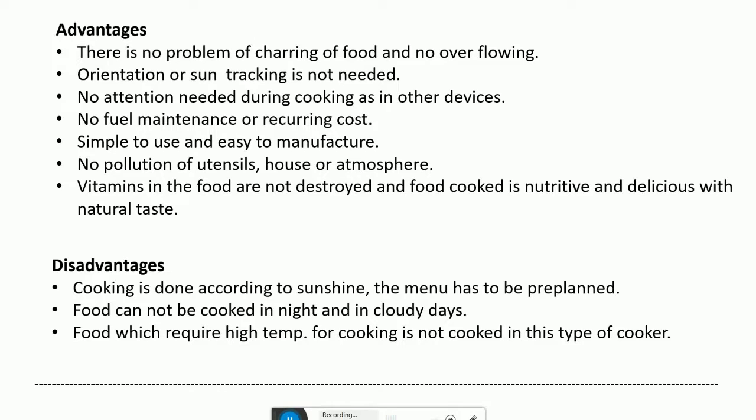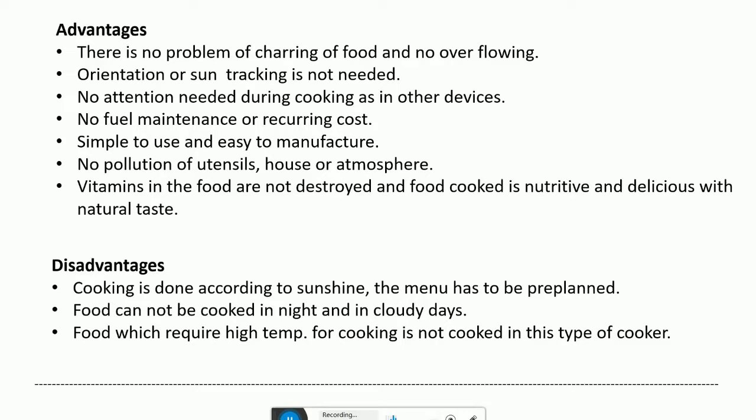It is very simple to use and easy to manufacture. There is no pollution of utensils, house or atmosphere; this box type solar cooker does not create any type of pollution like other solar cookers. Vitamins in the food are not destroyed, and the food cooked is nutritive and delicious with a natural taste.